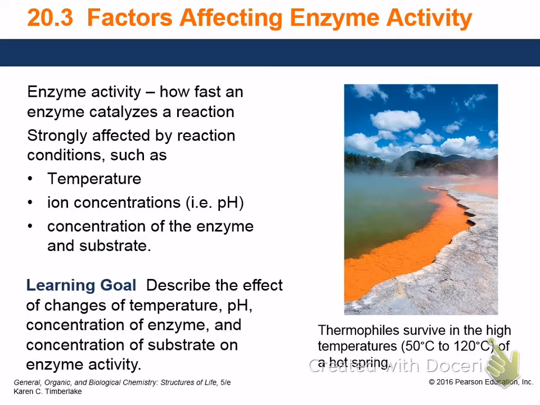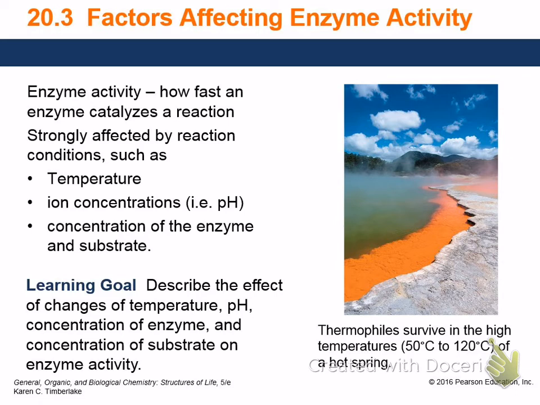One of the big deals in biochemistry is understanding the factors that affect how active an enzyme is, how fast it can make its reaction go. So a really active enzyme will have a high activity, right? And a really low activity enzyme would be really slow, okay?